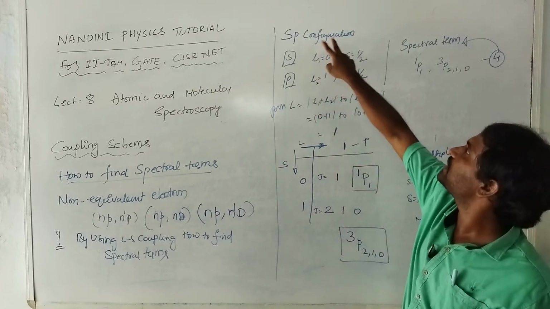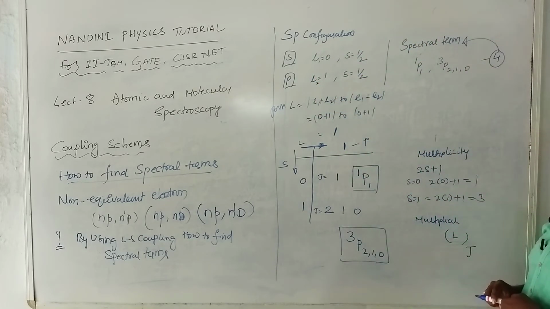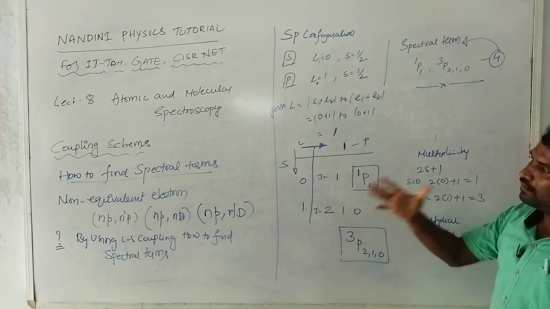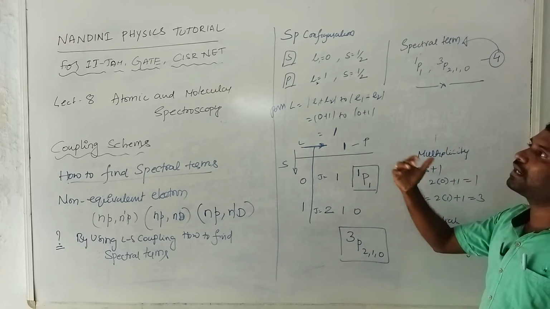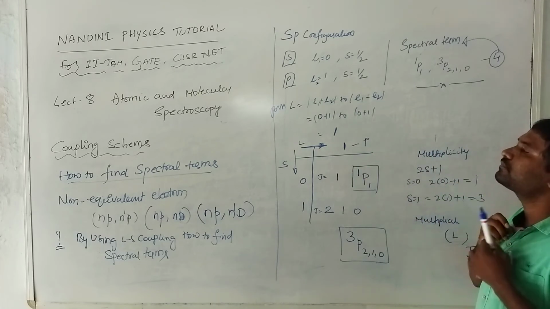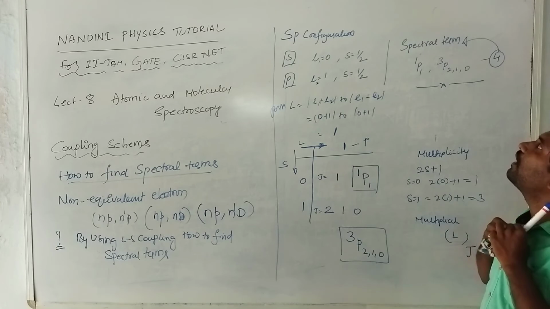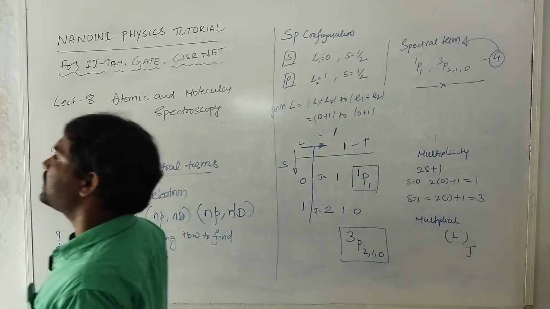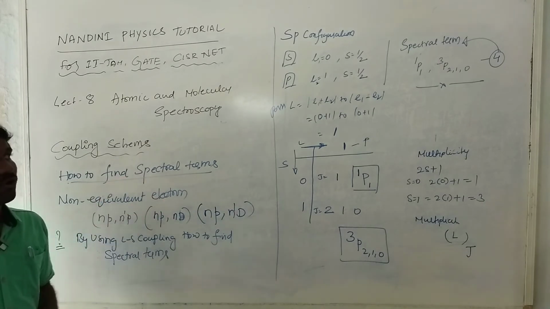This SP configuration has 4 spectral lines. This is the identification by using LS coupling. Understand? So this is the theory for the SP configuration.